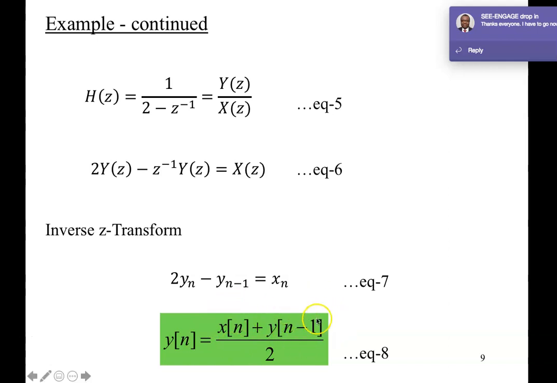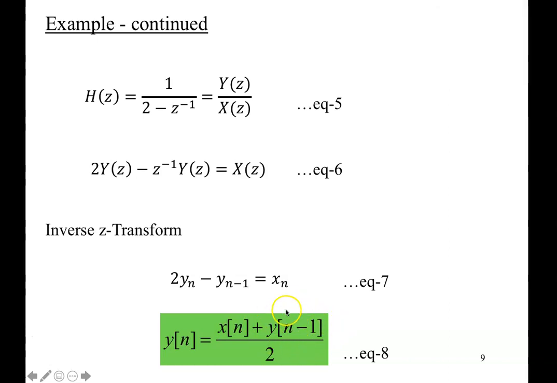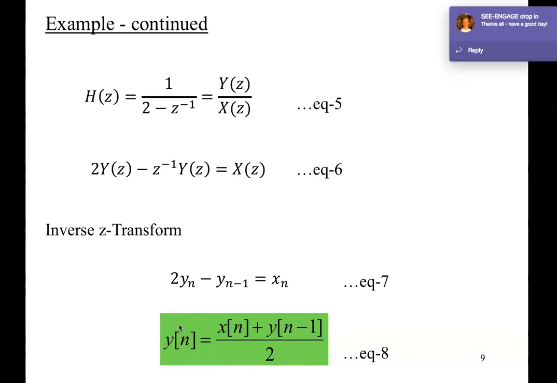And then you say, right, what is the output value I calculated before? And add them together, divide by 2. This will be saved in the memory. So every time you do this, you save that in memory. After you've found Yn, you save that to the memory as well, so that when the next interval comes, you use this as the previous one.